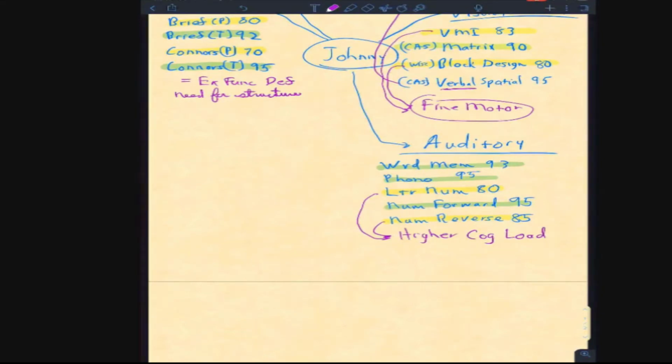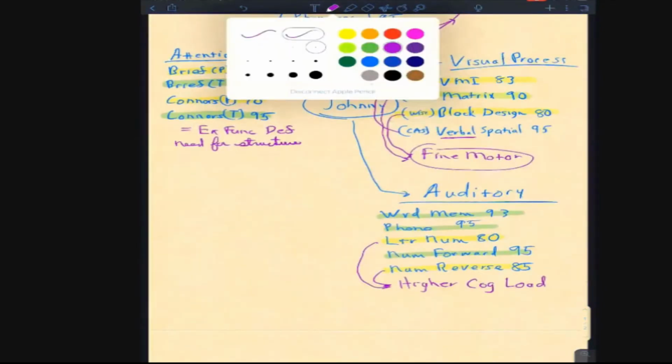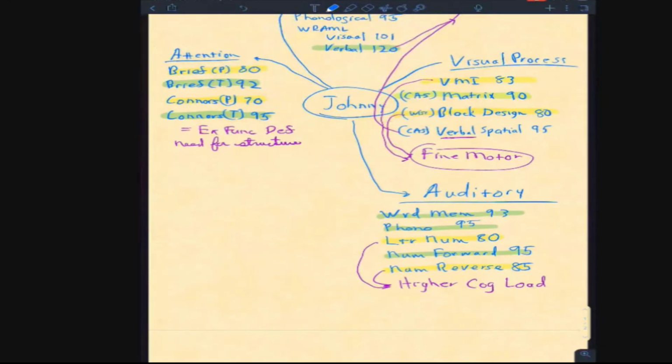It's harder cognitively, so we call that a higher cognitive load. Okay, let's do one more section. Let's throw in here some of the academic scores.